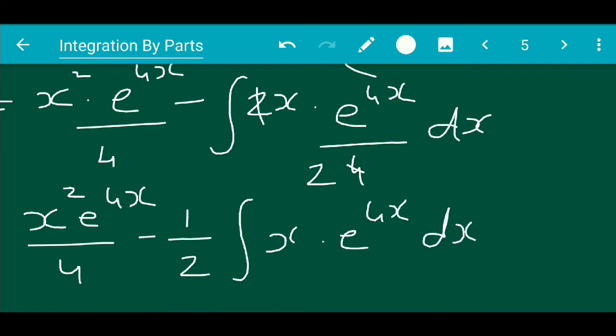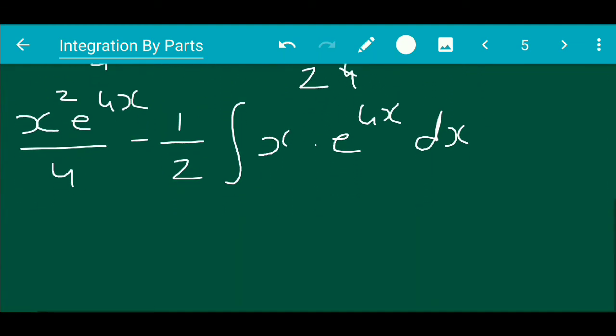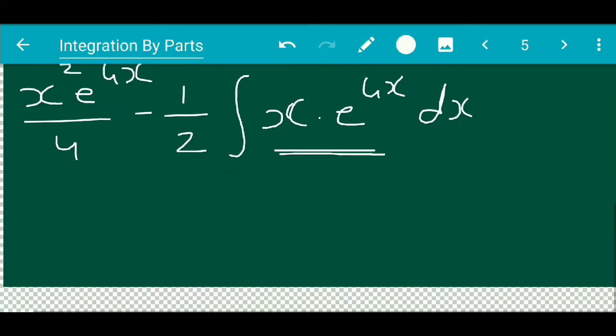As you can see, the integral sign is not yet gone. So we have not yet got our answer. In the integral sign again there are two terms, x and e raised to 4x. So once again we have to use the formula for u into v.